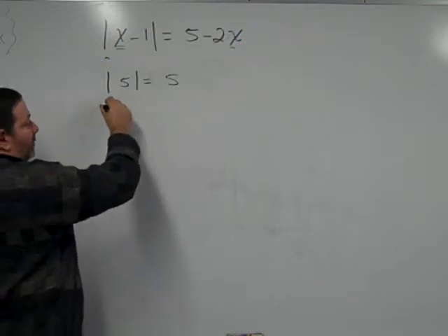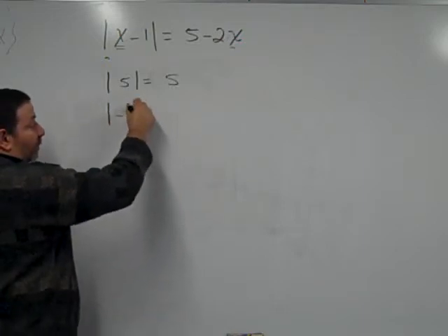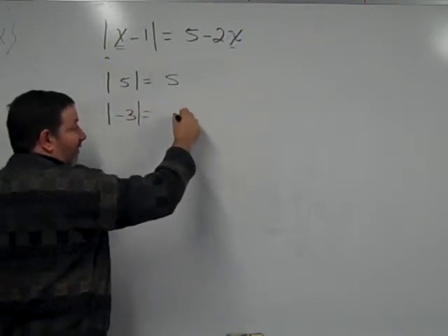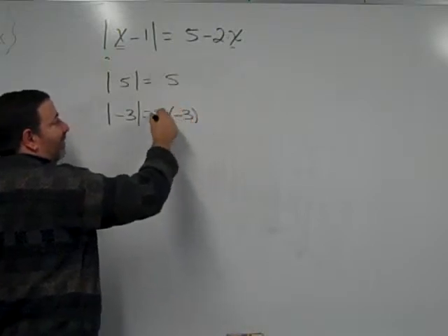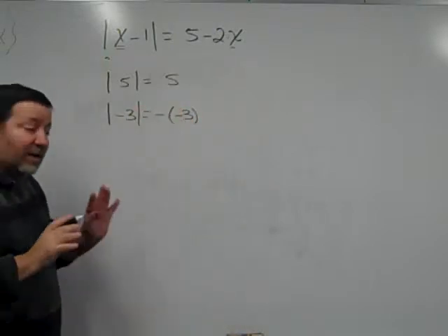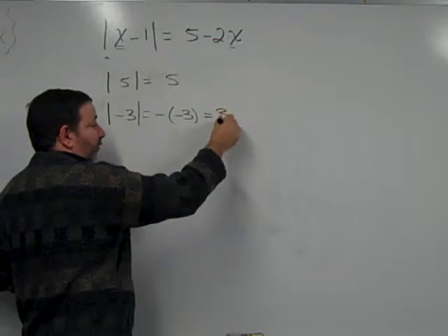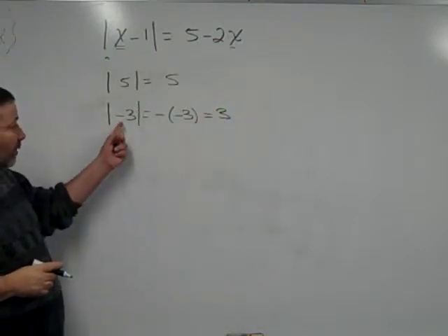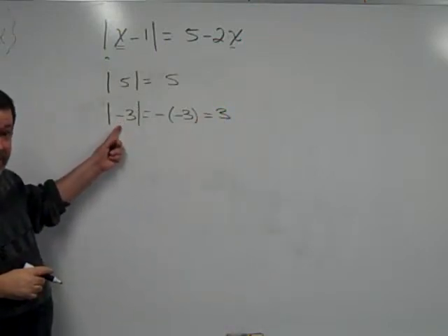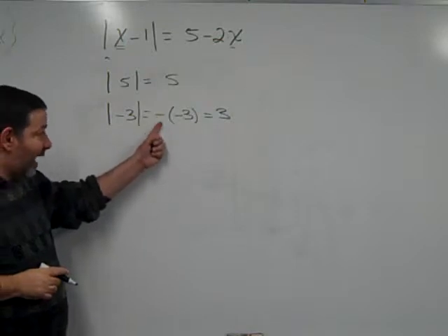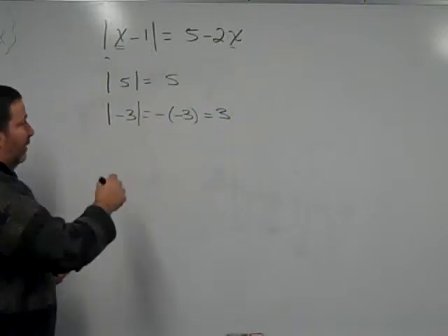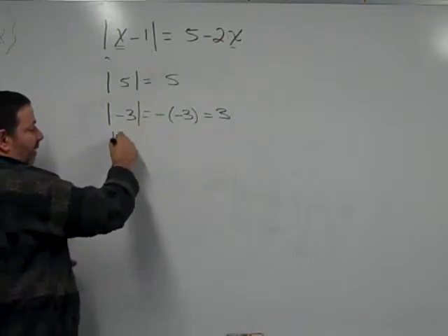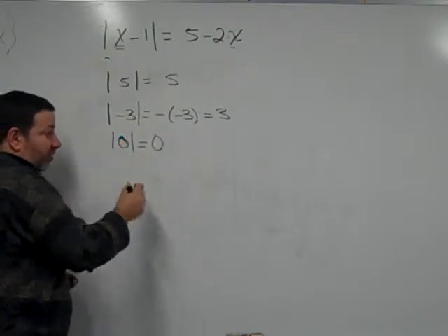The absolute value of a negative number is also that same number, but with a minus in front. Fair enough, that becomes 3. But I'm more concerned that the absolute value of a negative number is negative that same number. And just for the record, the absolute value of 0 is just 0.